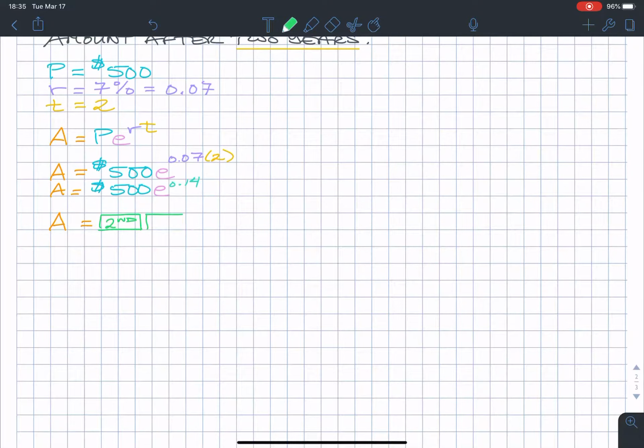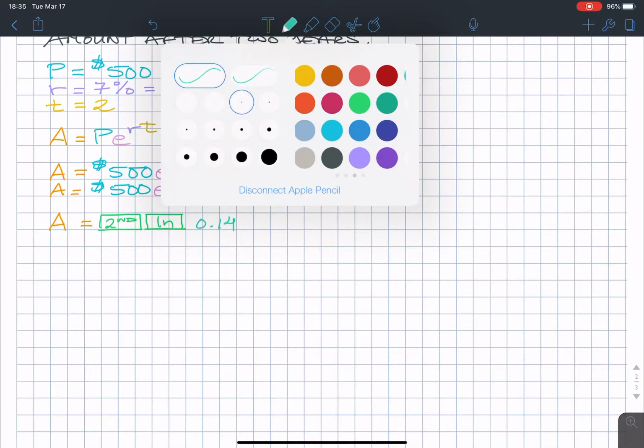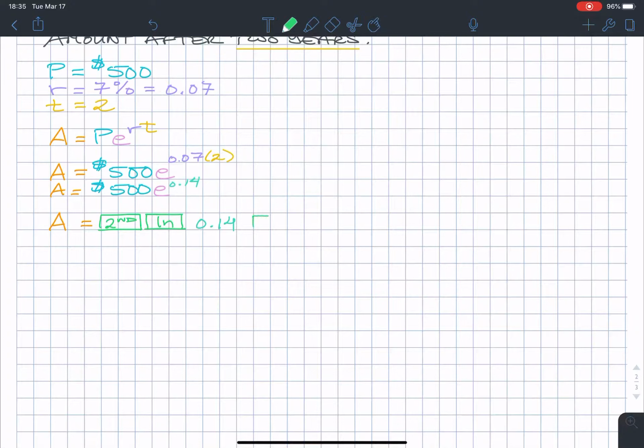So for me, that's second, ln. Then I'm going to do 0.14 and press equal. So that gives me e to the 0.14, but then I need to multiply that by the 500. So I multiply by 500, and then I press equal.